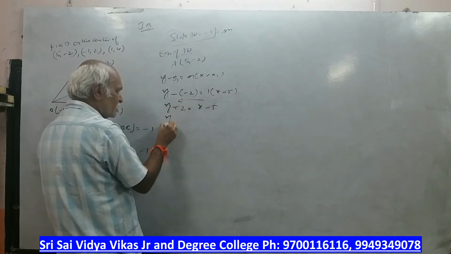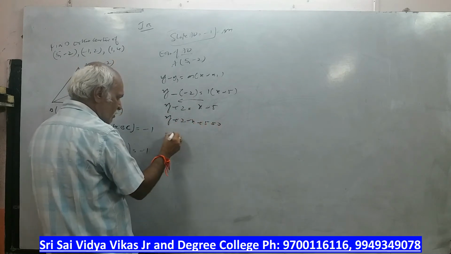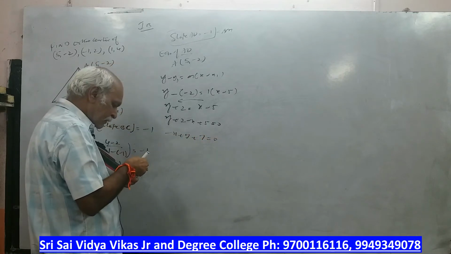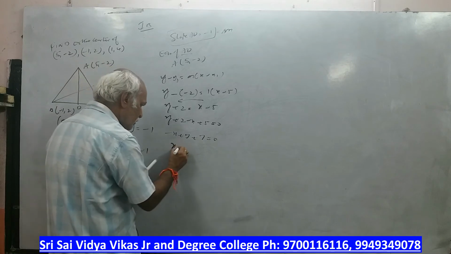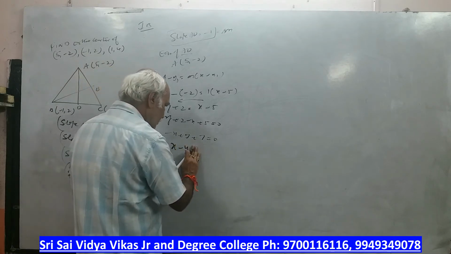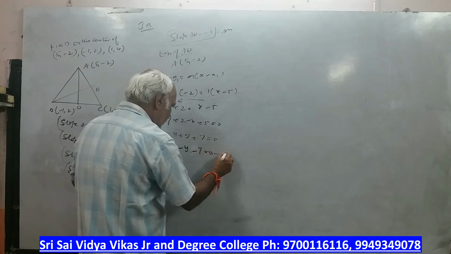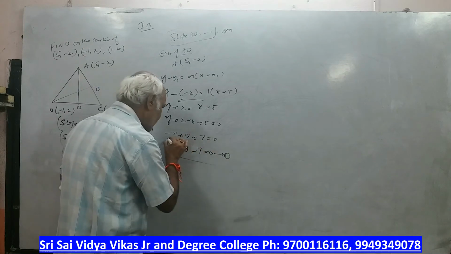Bring the term this side, is equal to 0. So, x plus y minus 3 is equal to 0. So, first equation. I have removed a minus sign. We got the first equation. I am putting it in a box.